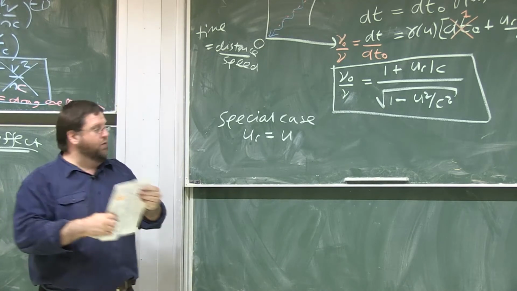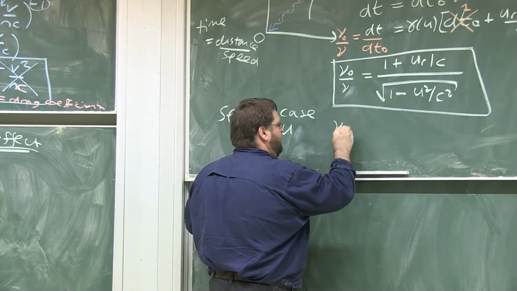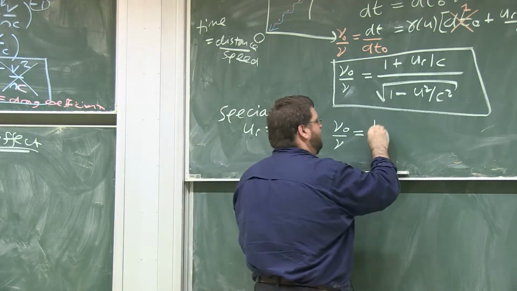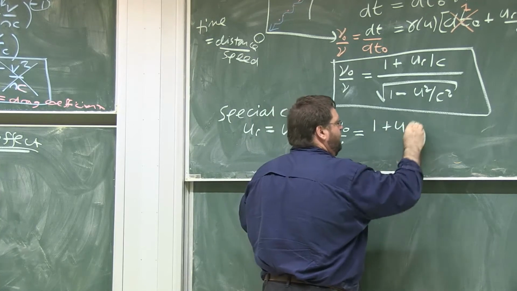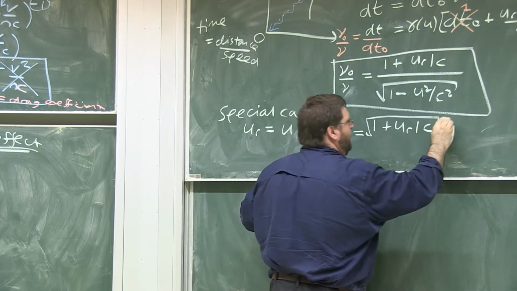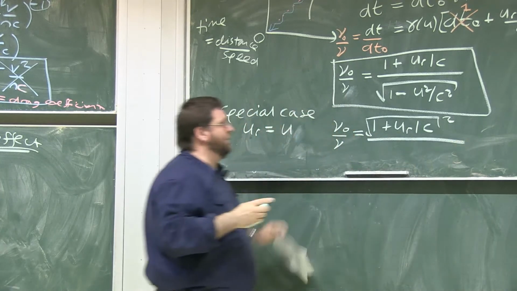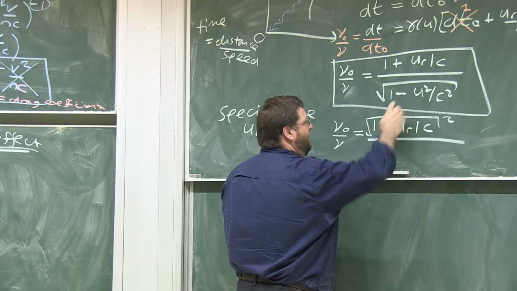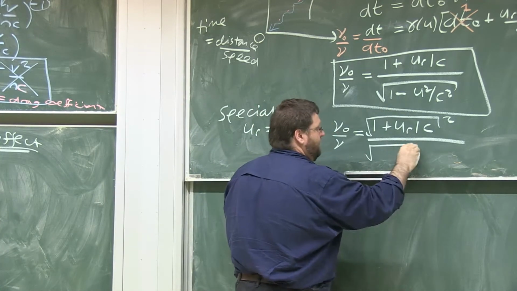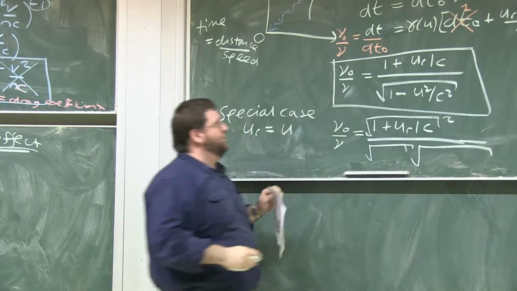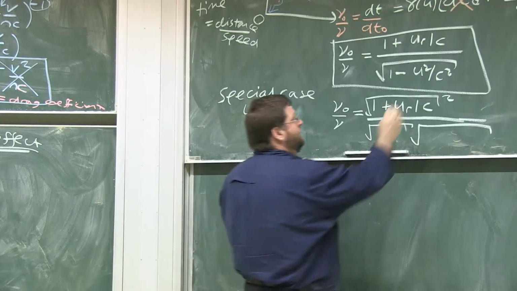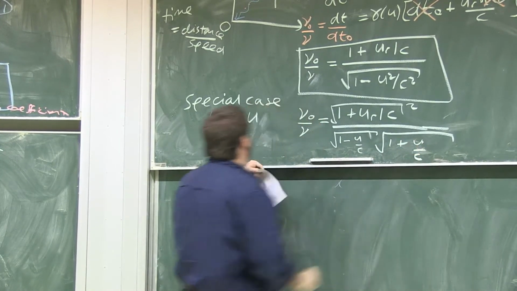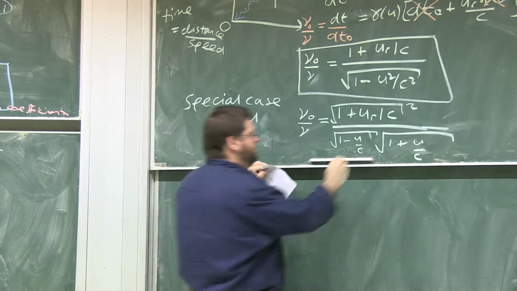So if you have purely radial recession, and this is a special case, what will that formula become? Well, u_r and u become the same thing. So I have the numerator as 1 plus u_r on c, which I'll write as the square root of that squared for reasons that will become clear in 5 seconds relative to u. I want to factor what's in the square root as a difference of perfect squares, 1 minus u on c over 1 plus u on c. But u and u_r are the same thing.